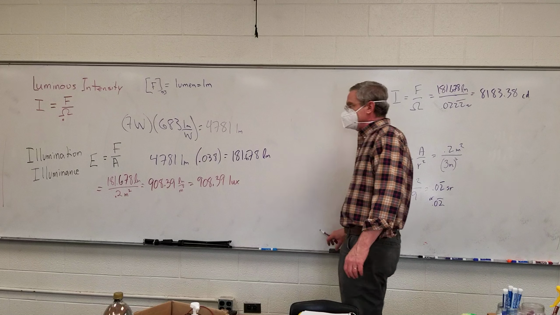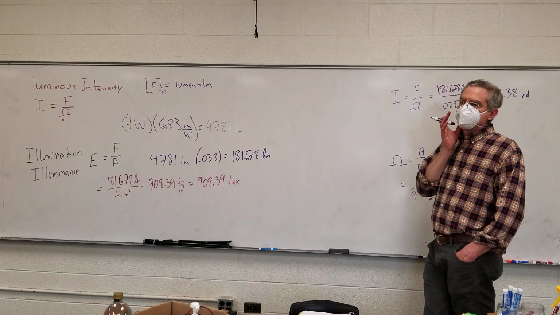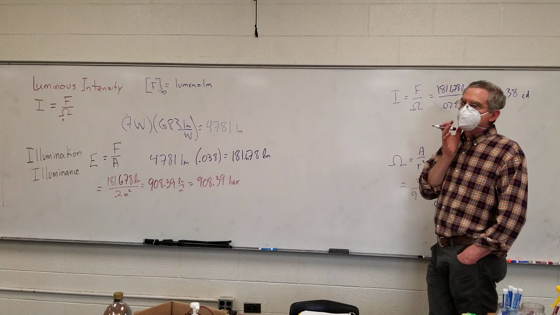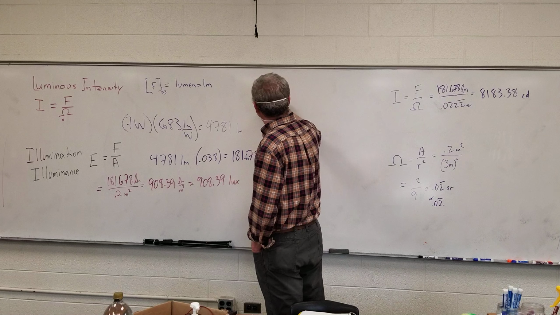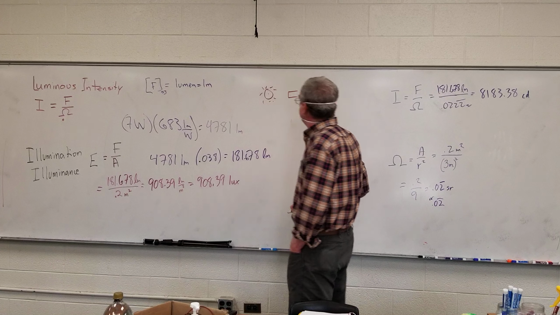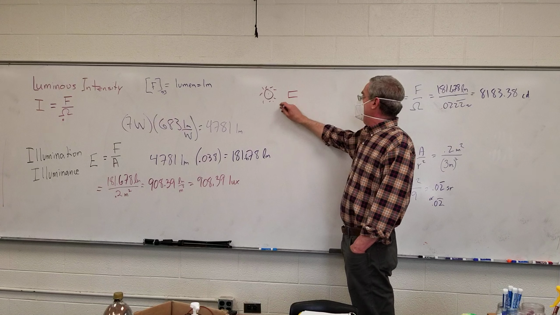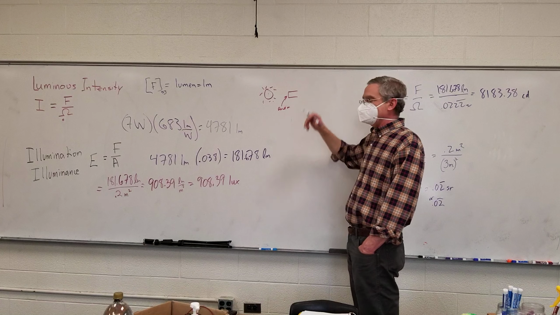All right, questions here? All right, so if I have a light bulb here, and I have a sensor, I have an area to the sensor, I can do the measurements, do the calculation, I can figure out what the area of that sensor is.